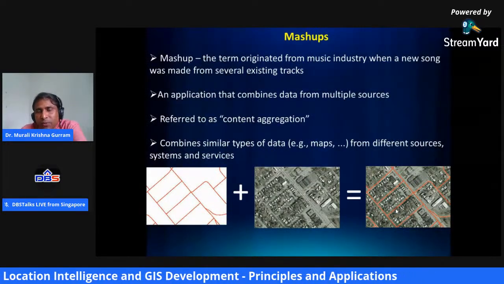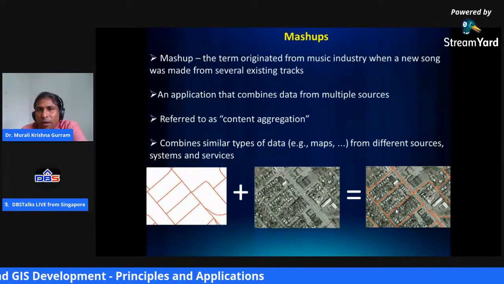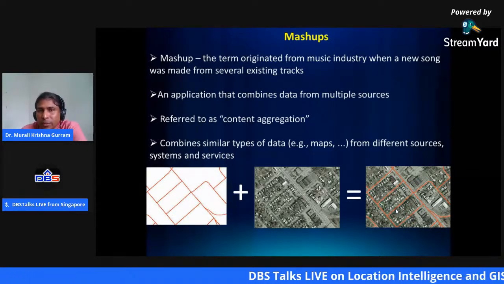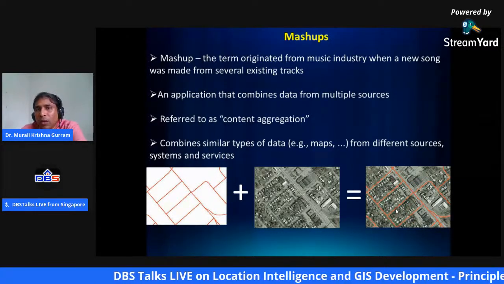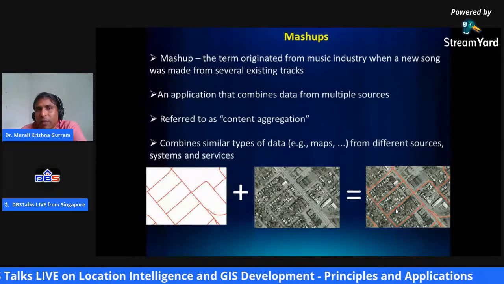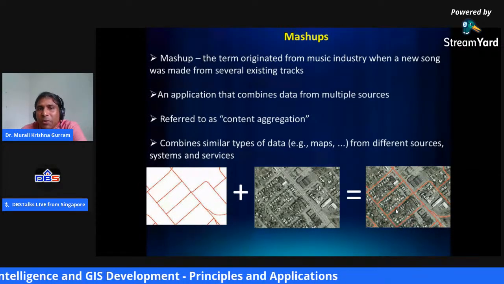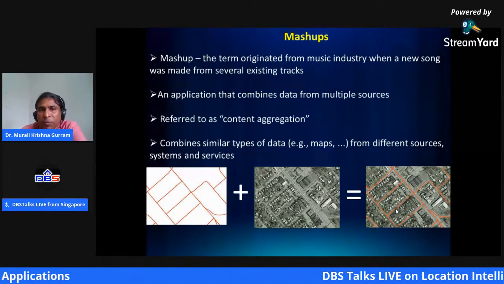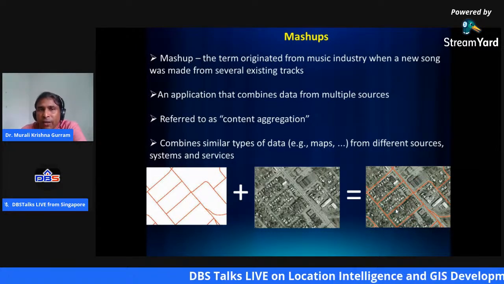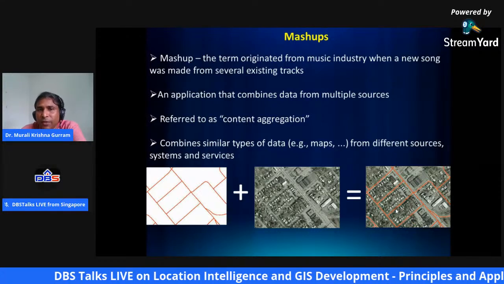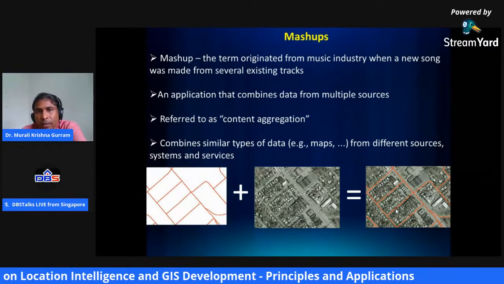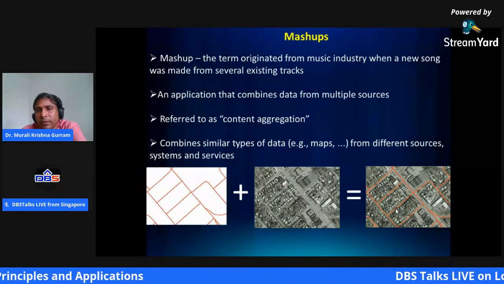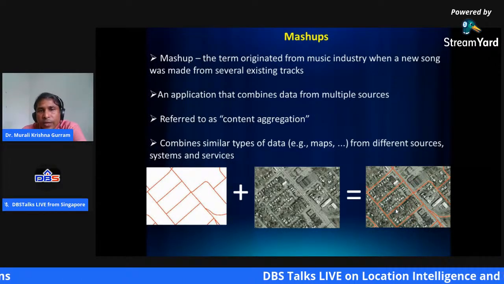The mashups, as I told you, the term originated from the music industry, where a song is composed from different existing tracks. That is how the word came up. Here we are referring to the combination of multiple data sources and services, which is what we call content aggregation, technically.